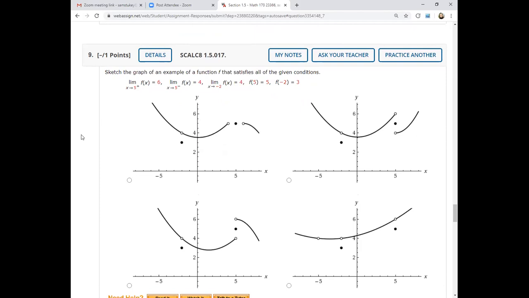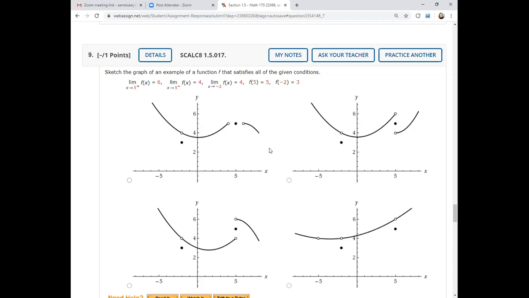Okay, so the first condition here says the limit as x approaches 5 from the right should be 6. So the first graph, if it approaches 5 from the right, it's not approaching 6.